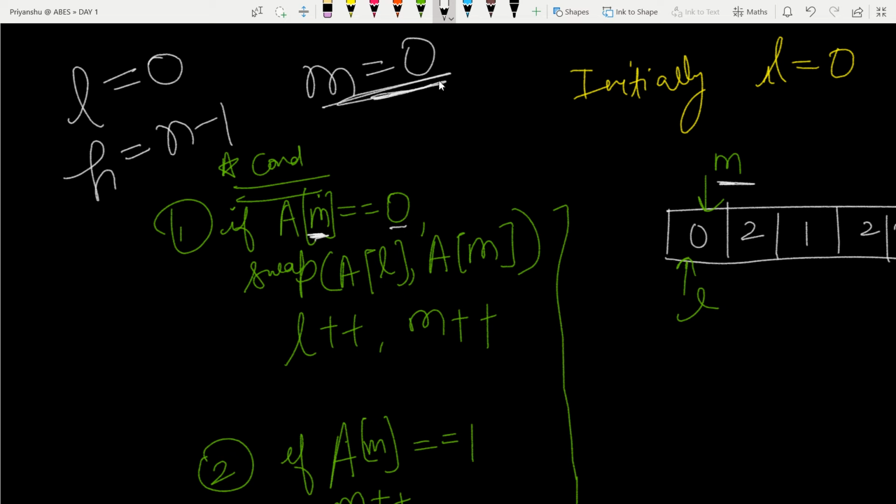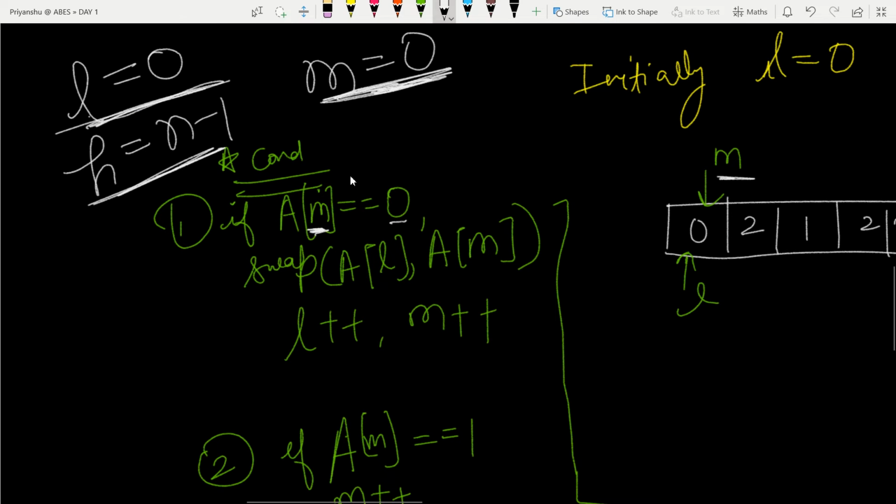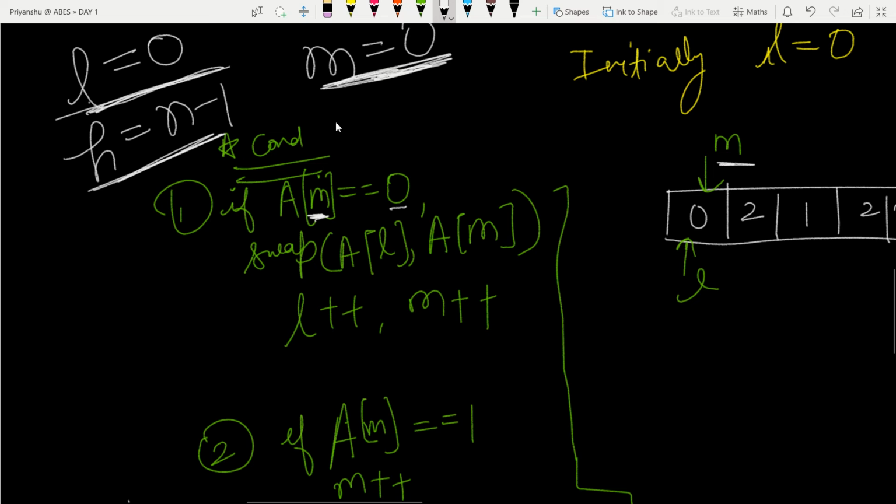So low and mid would be at the starting index, and high would be at the last index. Whenever we encounter the value 0 at the mid index, we swap it with the value present at low, and we increment low by one position and mid by one position.